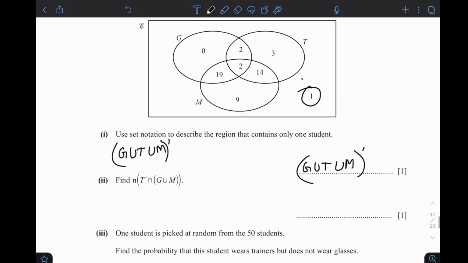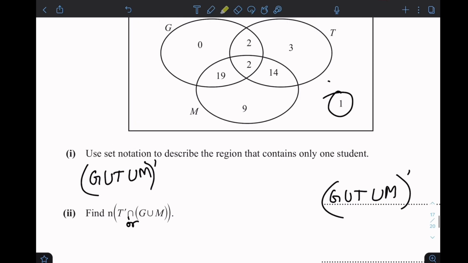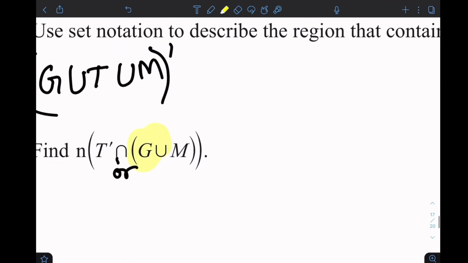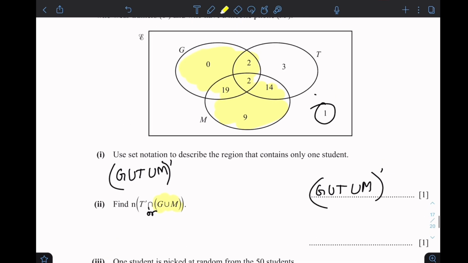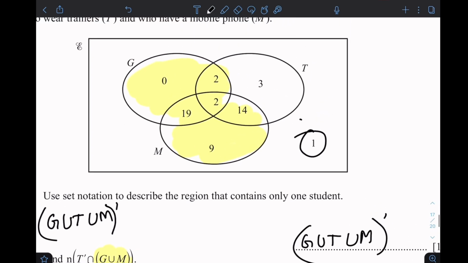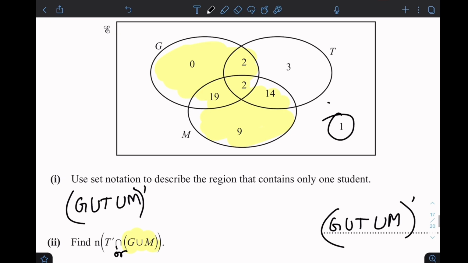And now it says find n of T' intersection (G union M). Okay, so let's break this down. Let's do G union M first. So G union M is this, right? And then it says everything outside T, and it should be common to that.